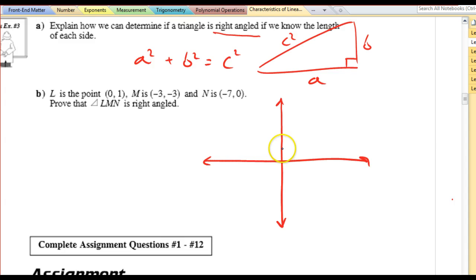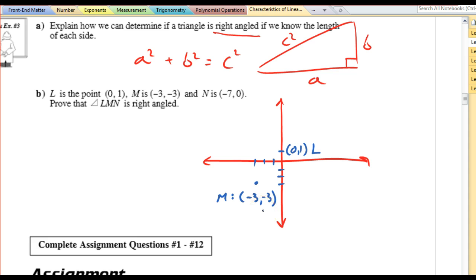So 0, 1 is here. Let's make that 0, 1. That's going to be L. M is -3, -3. So 1, 2, 3, 1, 2, 3. There it is. So that's going to be M. -3, -3.